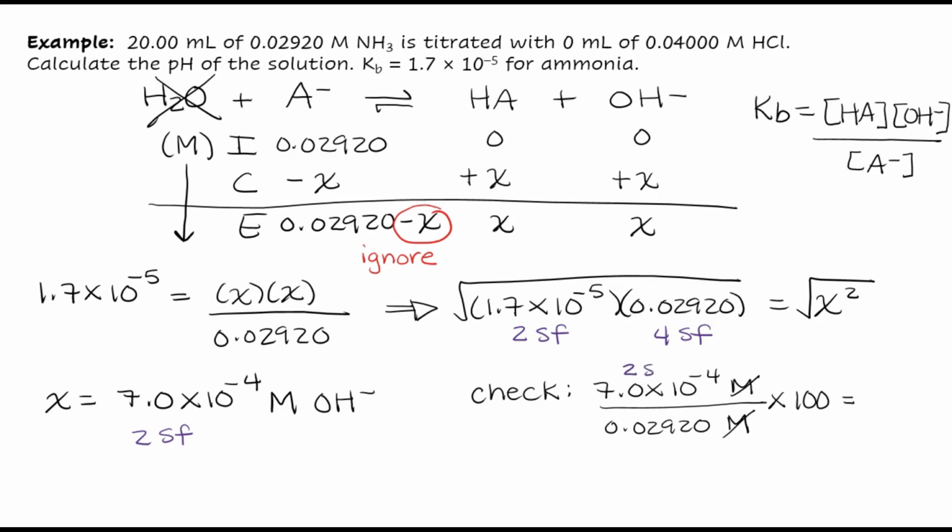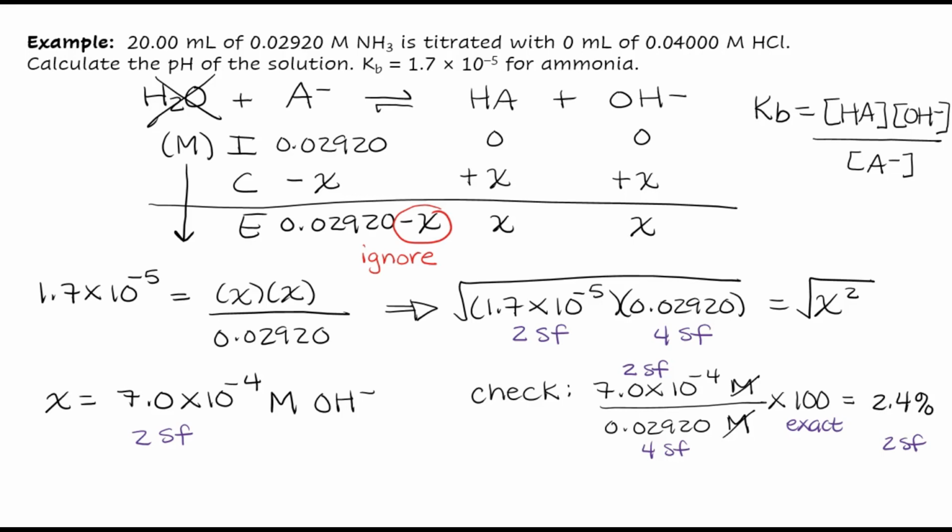For sig figs, we have 2 sig figs in the numerator, 4 in the denominator, and the 100 is exact. So our percentage will be rounded to 2 sig figs. So doing this math, 7.0 times 10 to the negative 4 divided by 0.02920 times 100 rounded to 2 sig figs gives us 2.4%.